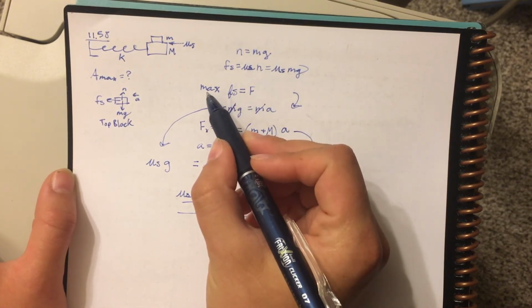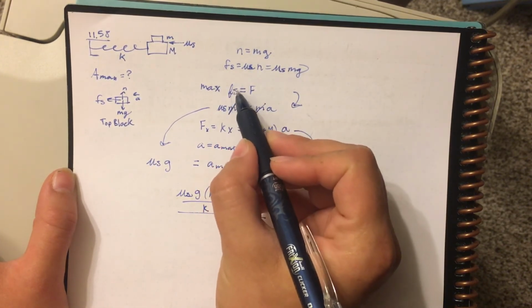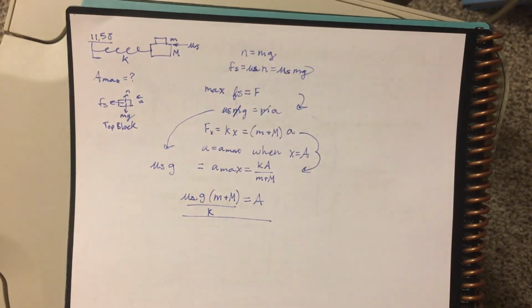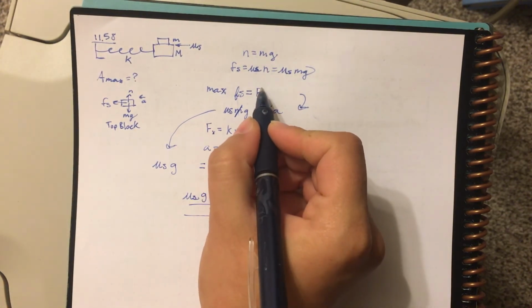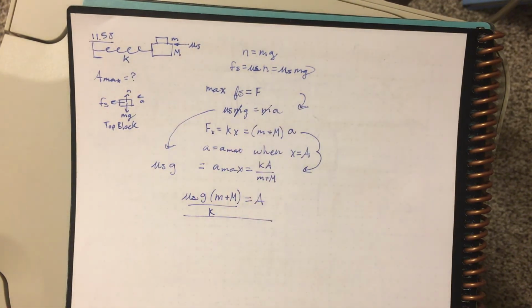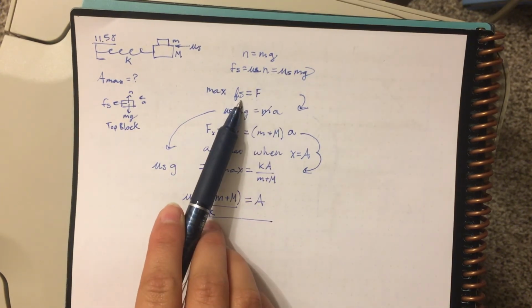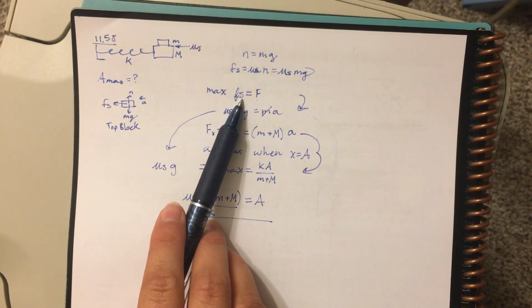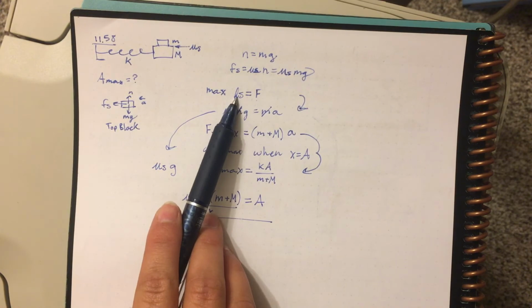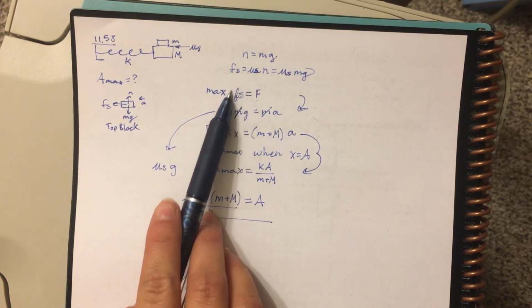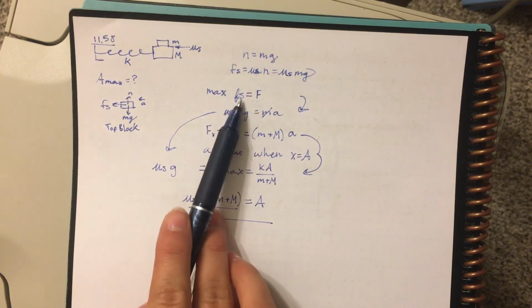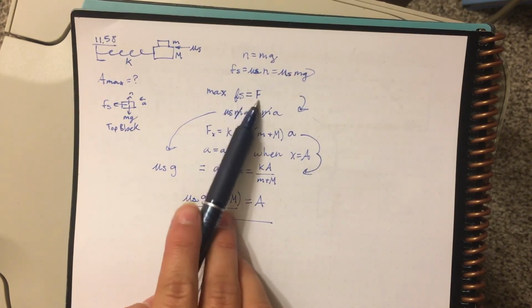And then you see that the maximum static frictional force is equal to this force here that the block is going to have, because if this is bigger than this, then static friction is overcome, and then the block's going to slide. But if it's less, then it's not going to be the maximum amplitude, and not going to be the maximum frictional force. So they have to be equal to each other.